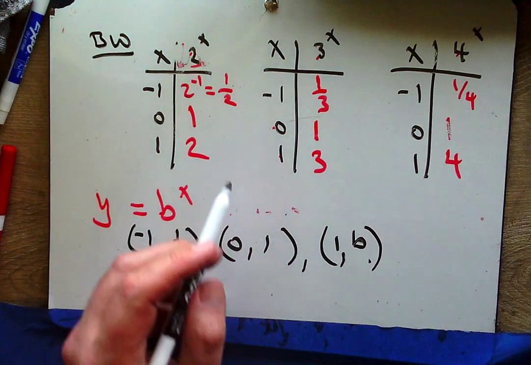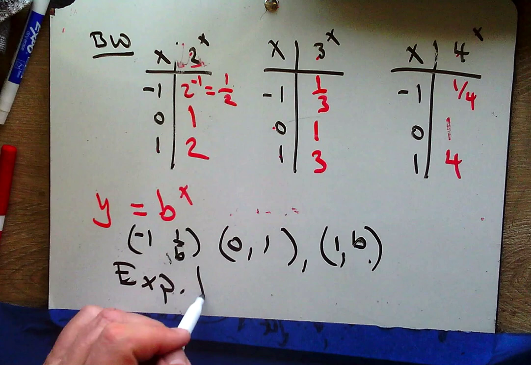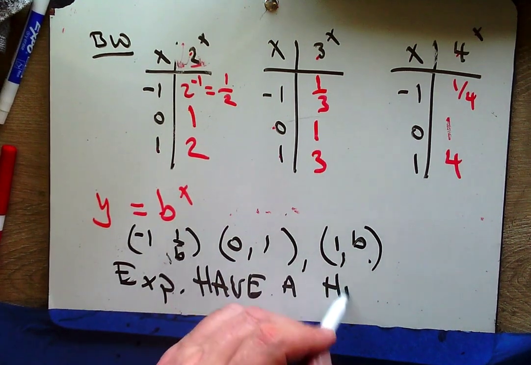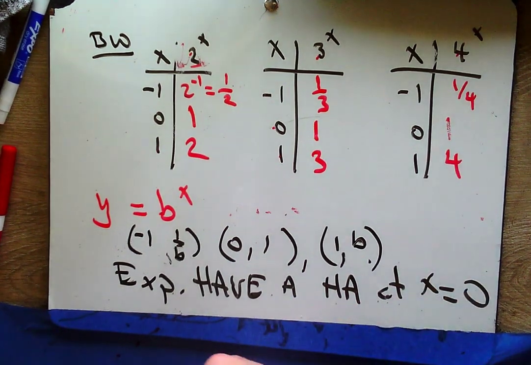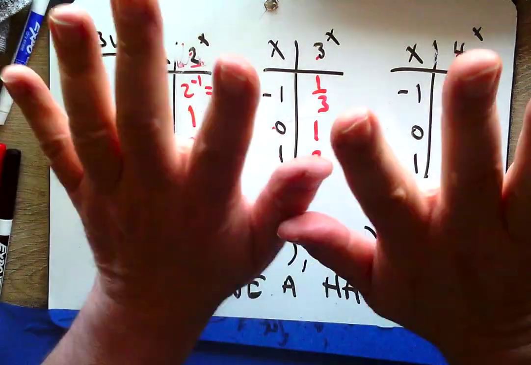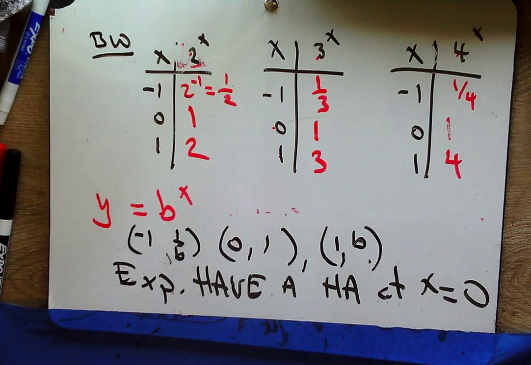Oh, one other thing, by the way. Exponential functions have a horizontal asymptote at y equals 0. Now, it's at y equals 0 unless there's a transformation that moves that horizontal asymptote up or brings that horizontal asymptote down.